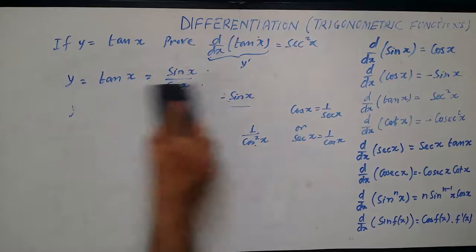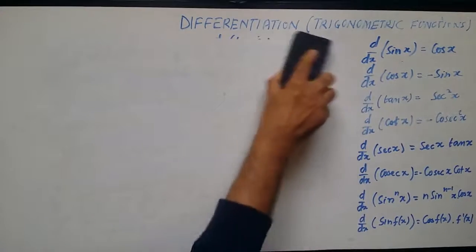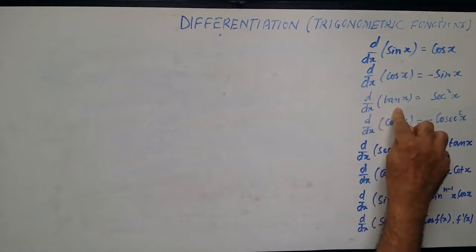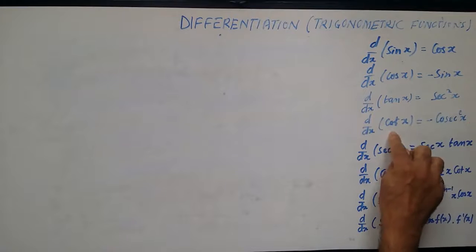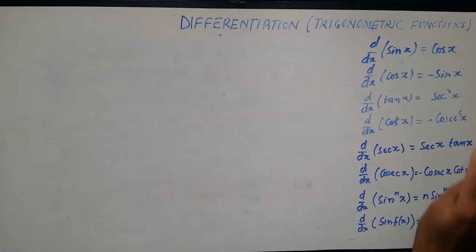So we have proved basically that from these two basic relations, differential of tan x is sec square x. In a similar way, we can also prove that the differential of cot x is minus cosec square x. Okay, so let's take some more examples.